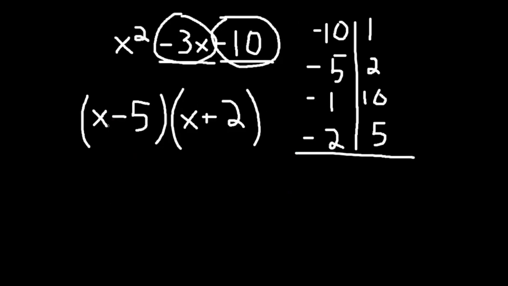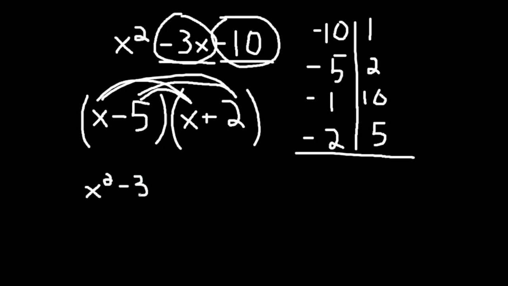You can FOIL to check, do whatever you want. You will get the same quadratic equation that you started with, in this case x squared minus 3x minus 10, after adding the negative 5 and positive 2 to get minus 3. So that's our shortcut. We're just going to try it out on one last problem.